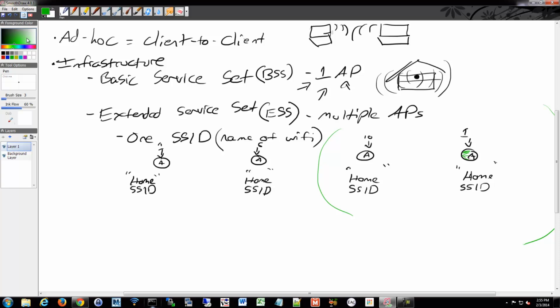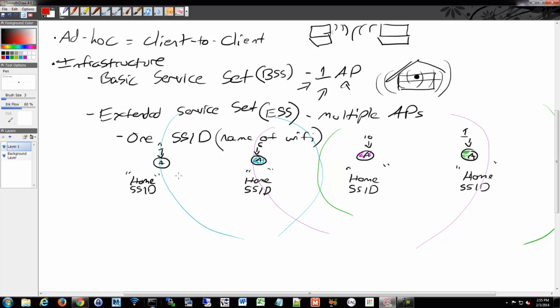He's running on channel 1. The second one will have a maximum range of something like this. He's using channel 10. The next one, cyan, has a maximum range of something like this, and he's using channel 6.